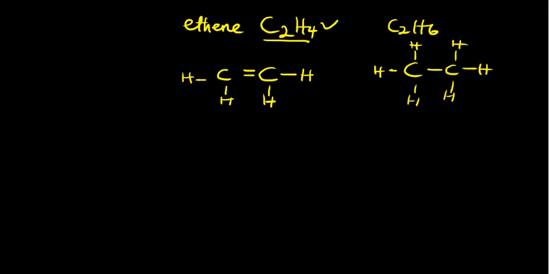Now you will ask me a question. Why didn't I fill this place? Why didn't I fill this carbon at the top here? This is what the rule says. Whenever there is a double bond, you must not fill in 2 hydrogens. Had there been no double bond here, like this one, I would have filled the hydrogen on the top.